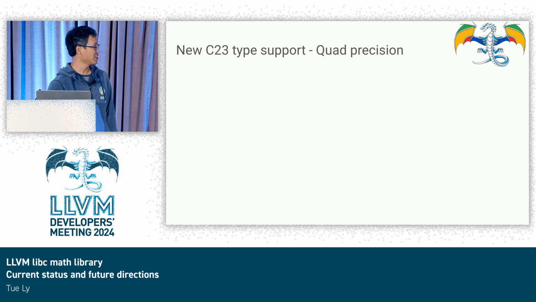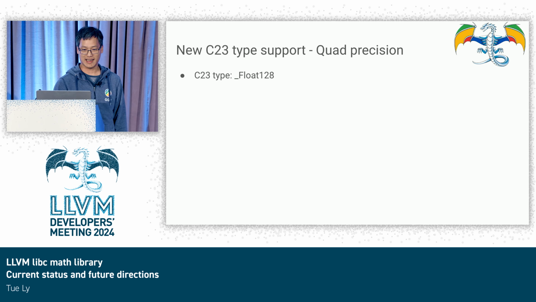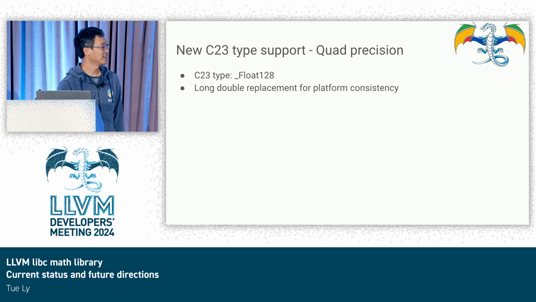All right, about quad precisions. The C23 type is specified as float128. In real life, it's a little more complicated than that, but the float128 is a very good replacement if you want platform consistency to run across the platforms. Because in case you don't know, and in case Joshua didn't mention it explicitly, long double is 80-bit floating point on x86 Linux.